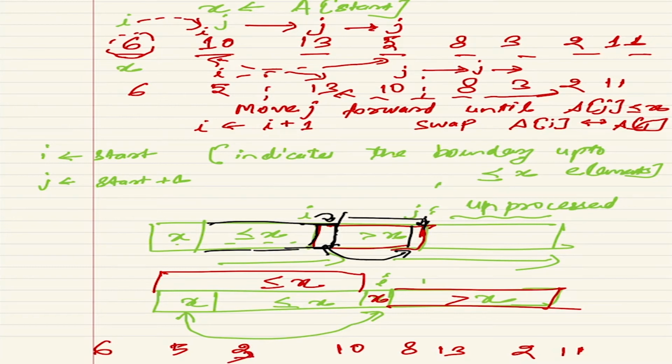So this should be 3. Okay, and your i is here and your j is here. Either you go forward, and that time you will replace this 2 with 10, and that will be the final thing. Last value is greater than x. So your overall array becomes 6, 5, 3, 2, 8, 13, 10, 11, and that's where your i is, and that's where your j is at the end. And because j reaches the end of the array, you stop.